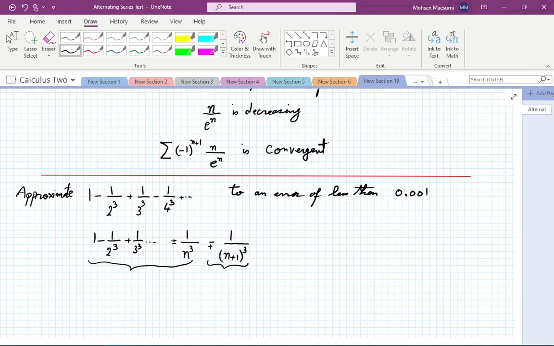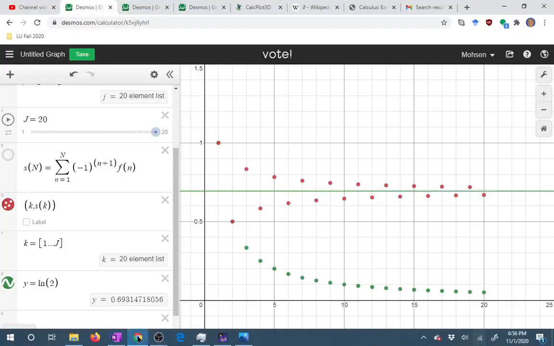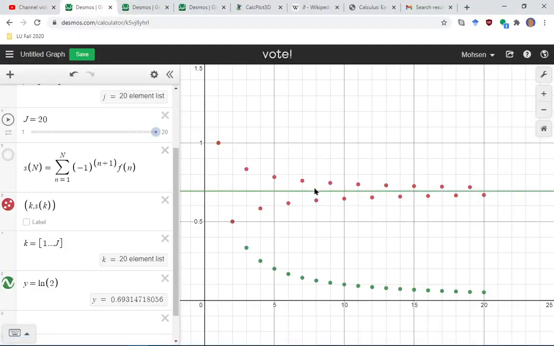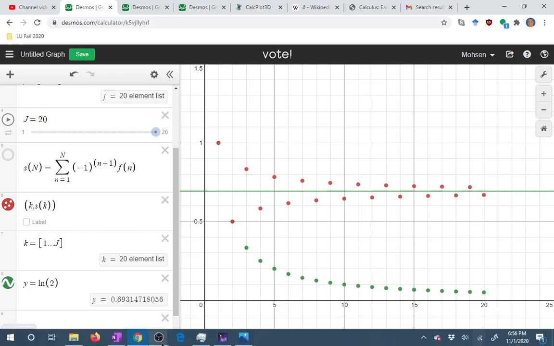And as we showed in this picture, let's go back to this picture. When you're going up and down, every time your distance to the final destination is going to be less than the next zigzag that you're going to do. So the next jump is going to tell you the maximum error that you're going to have.